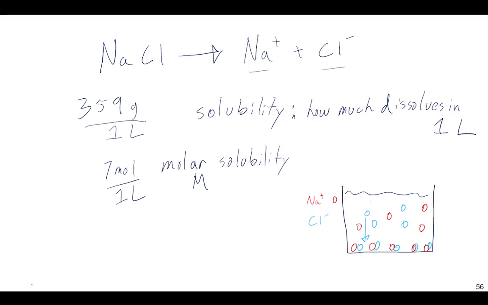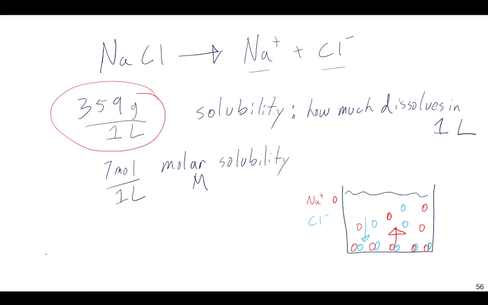But on average, there is going to be a certain number of ions floating up here, because every time two join up and drop out, somewhere else, a solid sodium chloride will fall apart and generate a Na+ and a Cl-. So all I'm showing here is that this is a dynamic process. There is overall a certain amount that you can expect to float around in the solution and be ionized. Okay, that is the solubility.